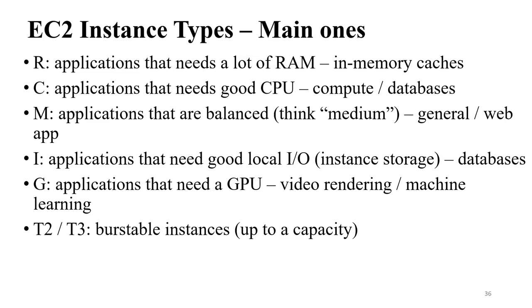Then what the AWS team is going to do is, if you have the credits, which I'll talk about, they will immediately allocate some RAM capacity to that instance to handle that burstable situation in the T2, T3 type of instances. That's why we call them burstable instances.